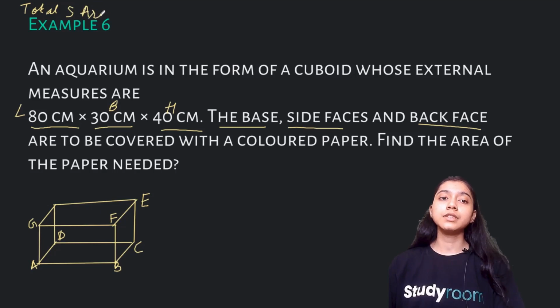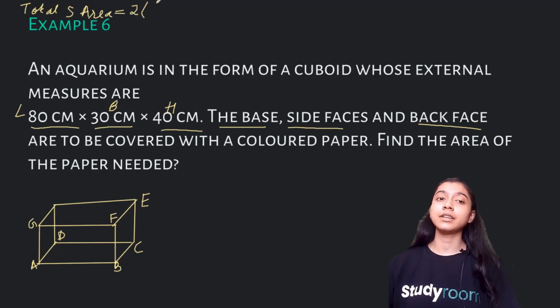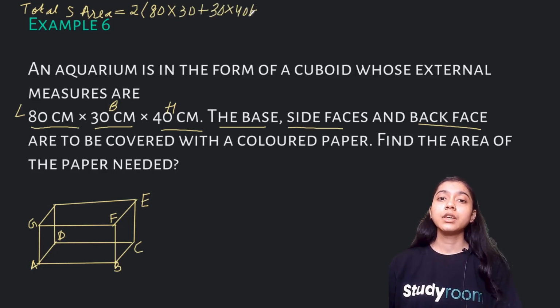So here first we'll calculate the total surface area of this cuboid. The total surface area of this cuboid will be equal to 2 times (length into breadth plus breadth into height plus length into height). So we have length as 80. So 80 into 30 plus breadth into height, that is 30 into 40, plus length into height, that is 80 multiplied with 40.